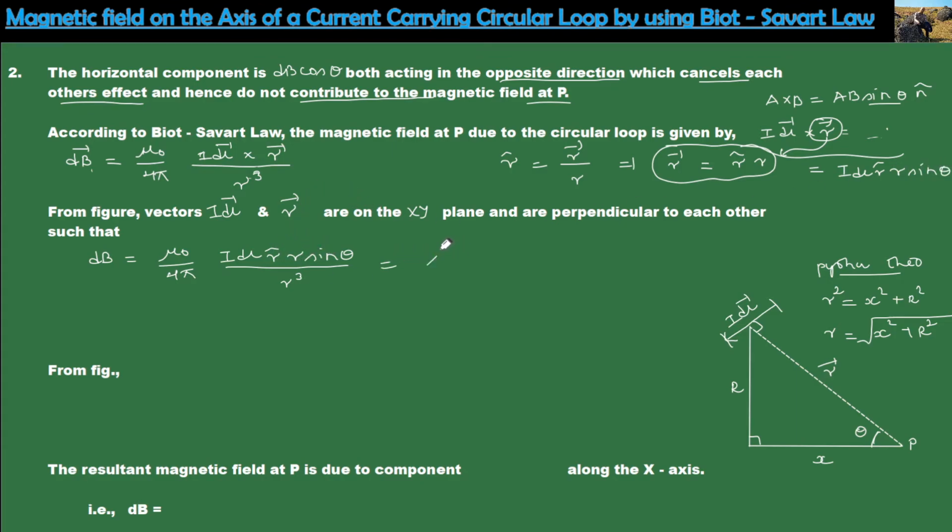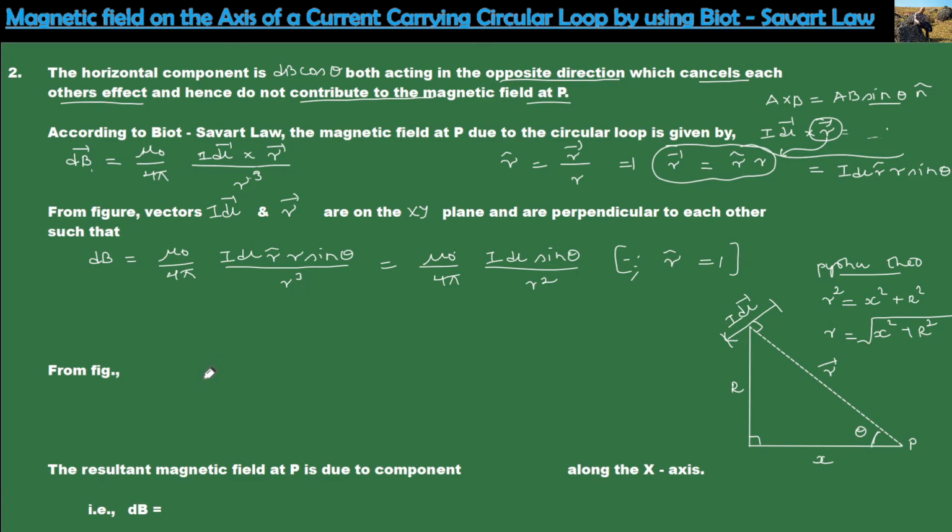And from here, after you keep on solving, you will come to another step: mu naught divided by 4 pi, I dl. Then r and 1 over r get cancelled, so I dl sine theta divided by r square. Here the mod of r cap is equal to 1, that is the concept of unit vectors.